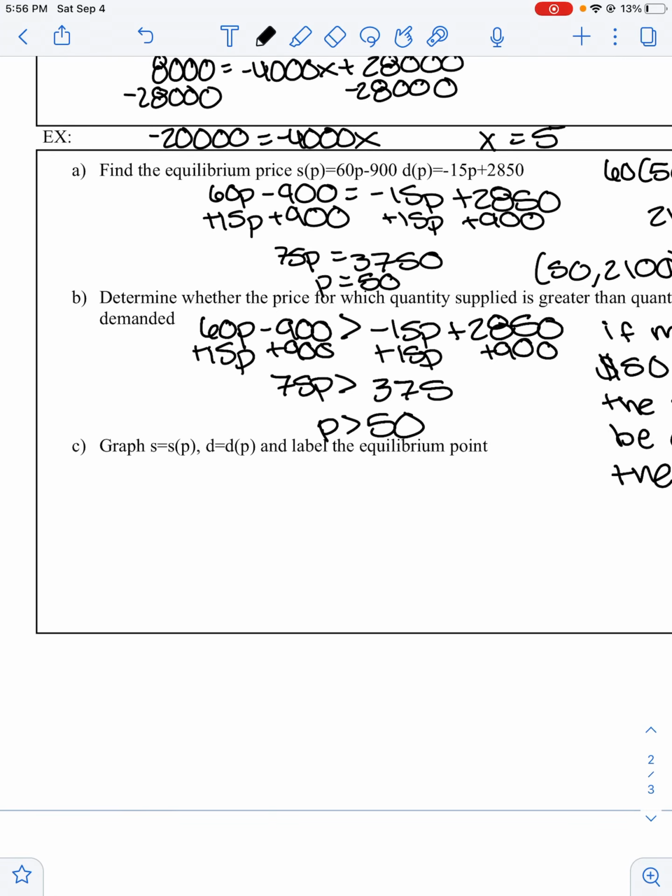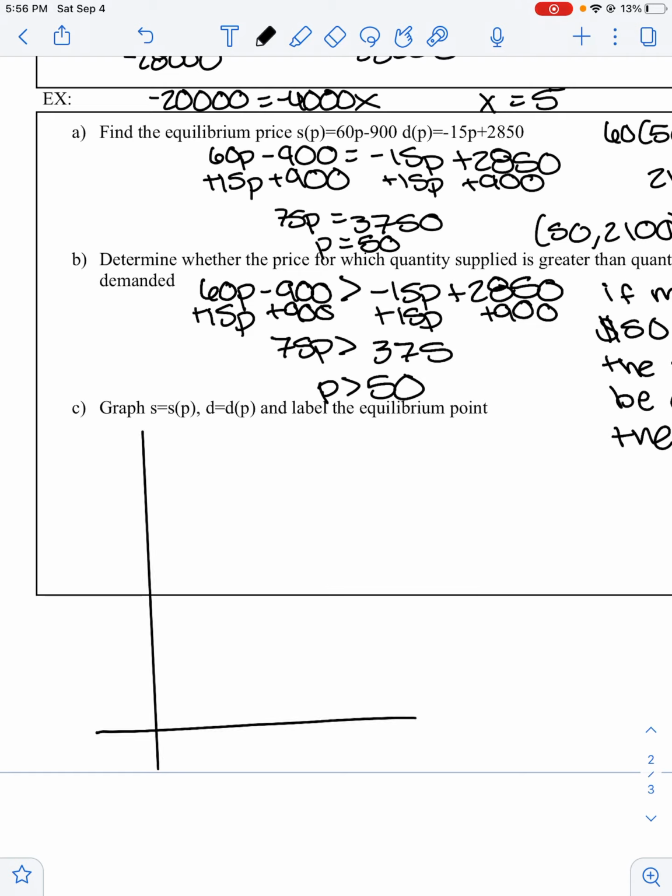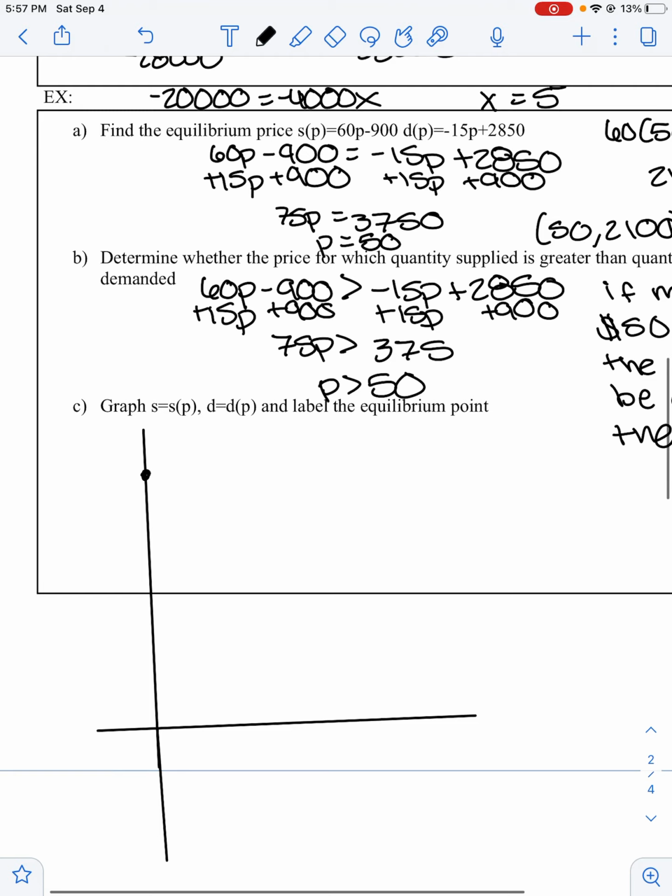All right, so then we're going to graph the two equations and plot the point where they intersect. So graph the two and label the equilibrium point, which we found in part A. So first, let's graph the demand. It has a y-intercept of 2,850, so I'm going to put it there.